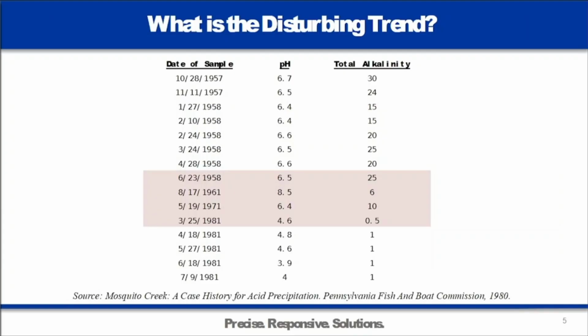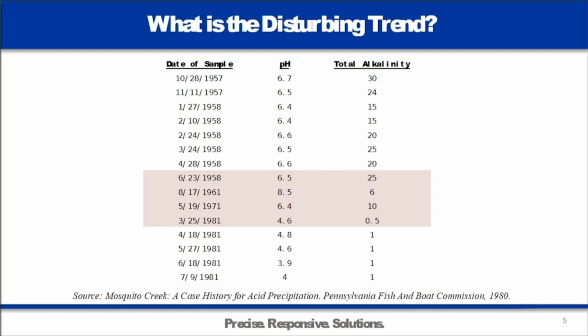This shows it. You can see in the beginning of water quality samples referencing pH and total alkalinity, in 1957, a pH of 6.7 and a total alkalinity of 30 milligrams per liter. Pretty standard for that region. We're not going to have very high alkalinities or very high pHs just due to the sandstone geology.